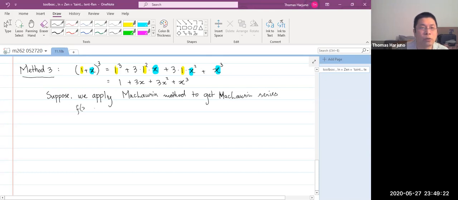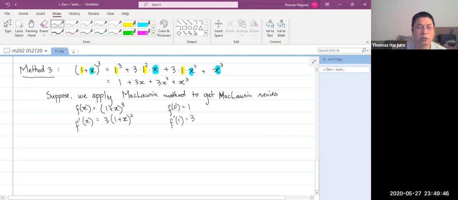f(x) equals (1 plus x) cubed. f(0) is 1. When I take the derivative here, I will get 3 times (1 plus x) squared, right? So f prime of 0 is 3.